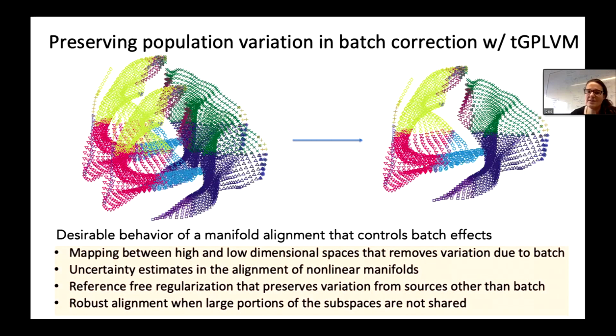Going into this, we had 4 desiderata, if you will. These are the behaviors that we want to encode in our method for this particular space. In particular, we'd like a mapping between high and low dimensional spaces that allows us to remove variation due to batch. What this basically means is if we have a point in the low dimensional space, we'd like to be able to map it to the high dimensional space and vice versa.